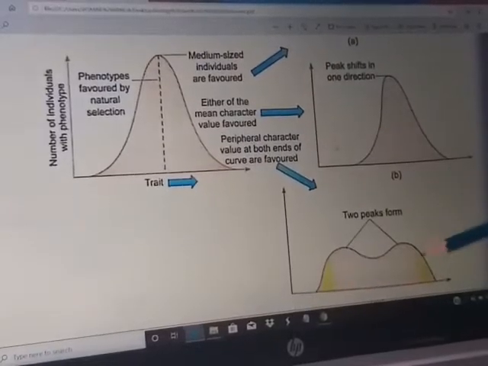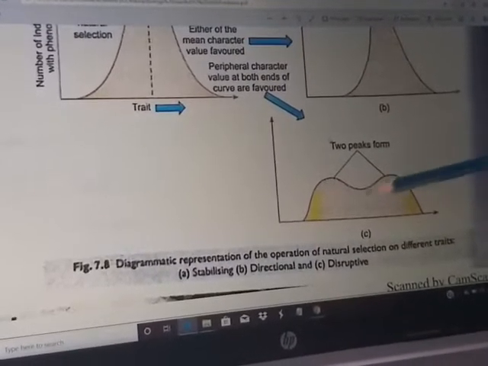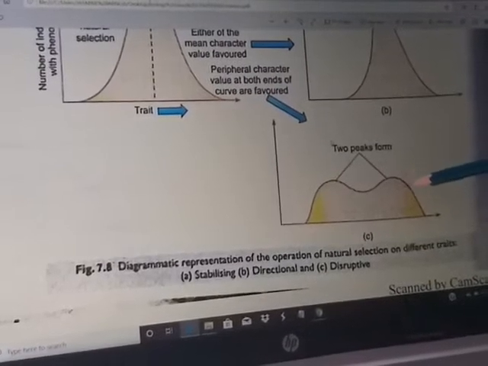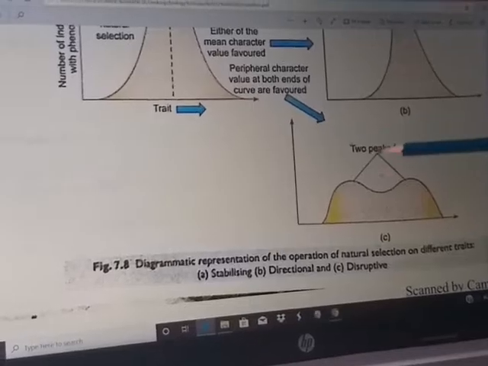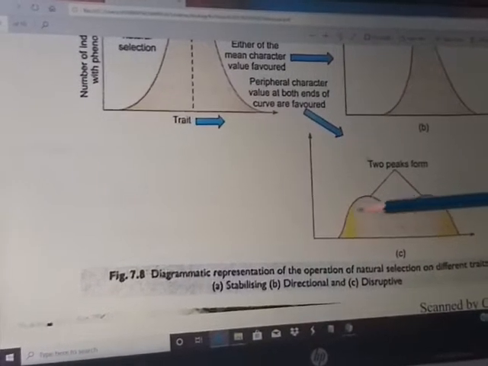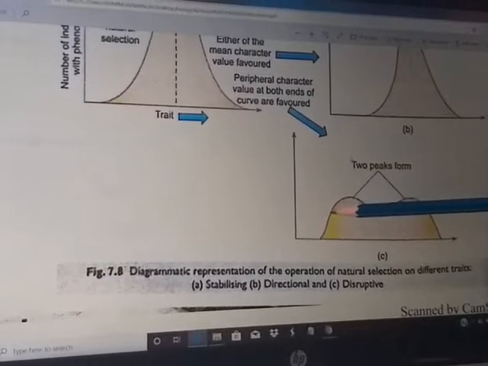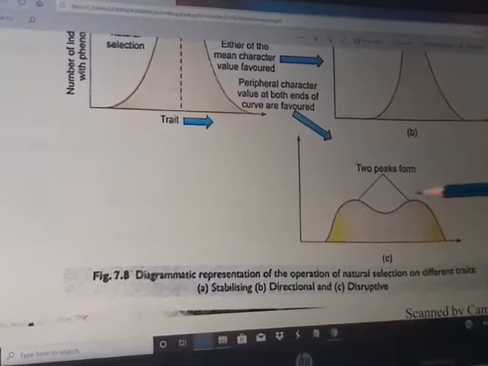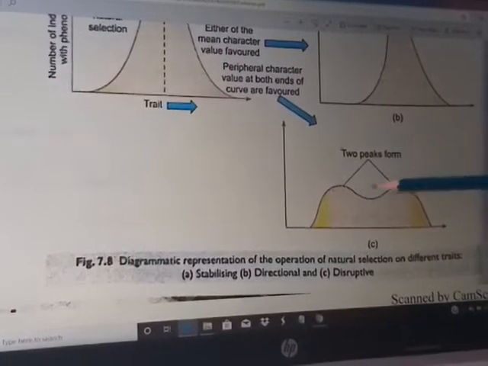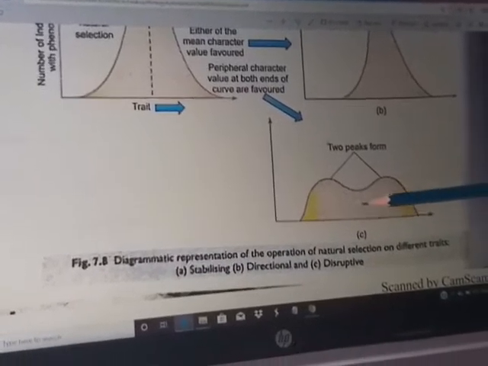Then the third case, here we have two peaks. This is the disruptive kind, means no individuals or very few individuals towards the mean, some towards the lesser character, say smaller height, some towards the taller condition, and there are two peaks but no peak in the middle, no peak towards the mean position.